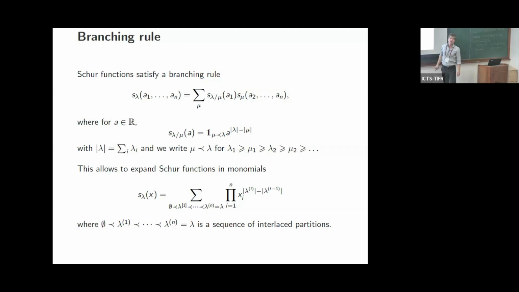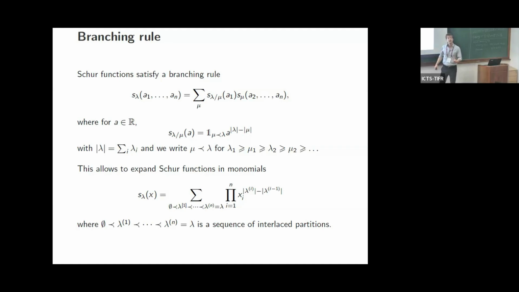Now, the identity on the top of the slide, this branching rule, I can iterate it. I can reapply the branching rule to S mu of A2 to AN to get some skew Schur function S mu over something of A2 times something remaining, and apply it again. If I do that n times, I get this kind of expansion. My Schur function S lambda of x can be expanded into monomials.